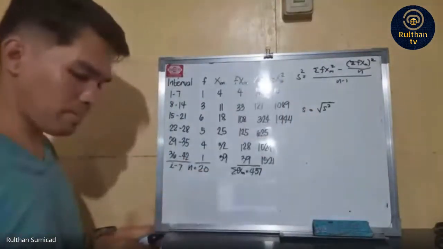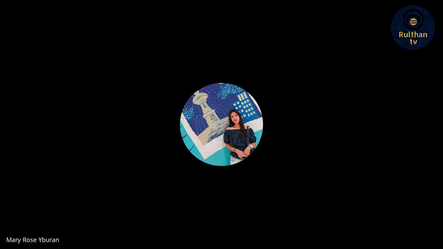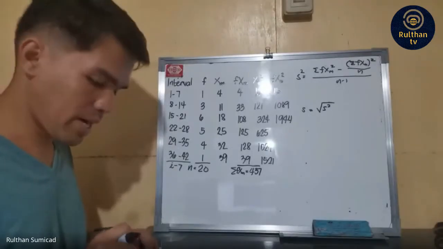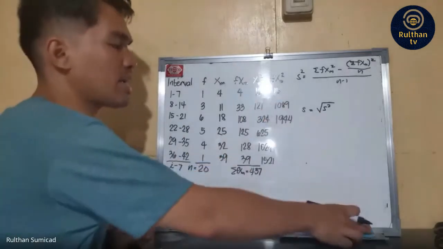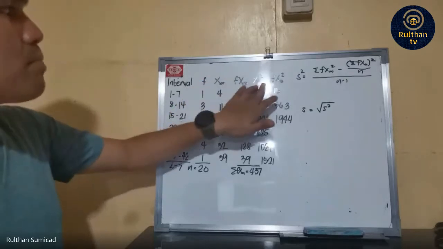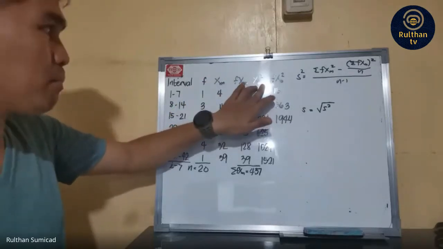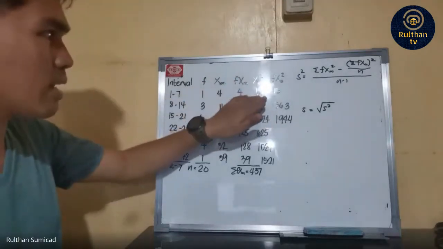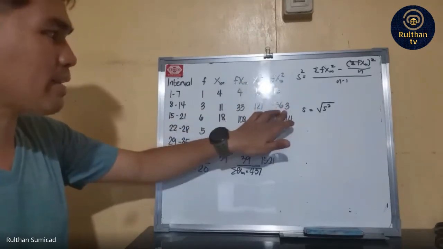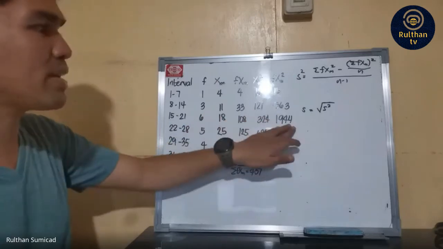What about the answer, sir? 363, that's 121 times 3. The meaning of this one is frequency times the squared midpoint. So that's 1 times 16, that's why you have 16. 3 times 121 is 363. 6 times 324 is 1,944, that's why this is the answer.